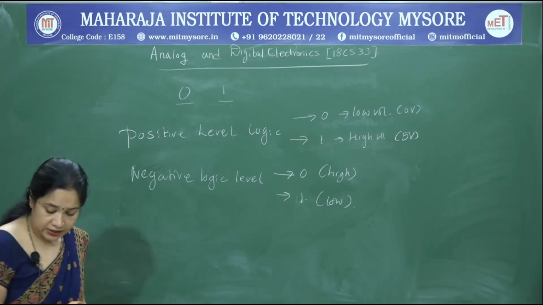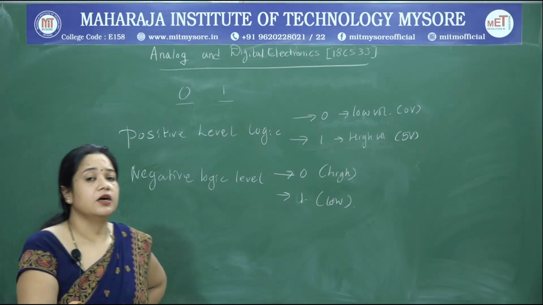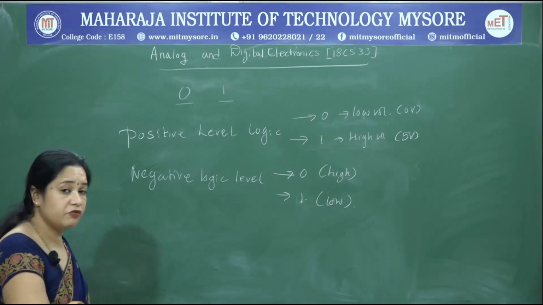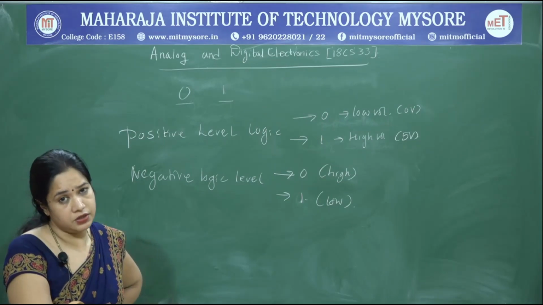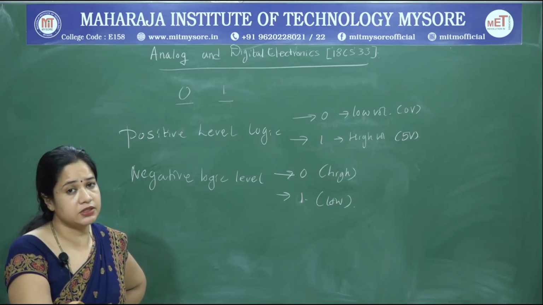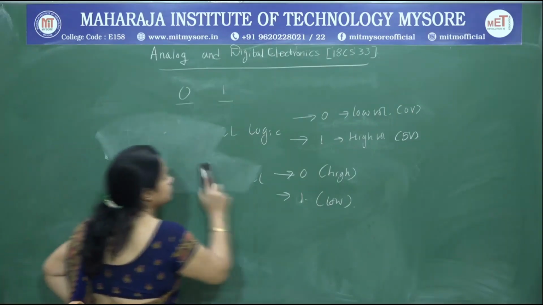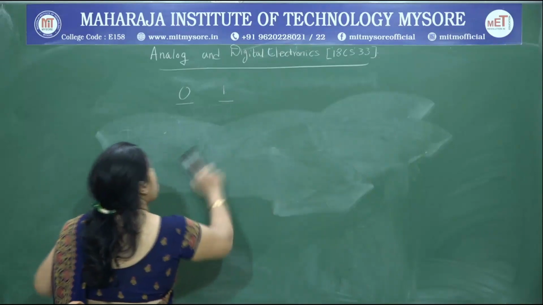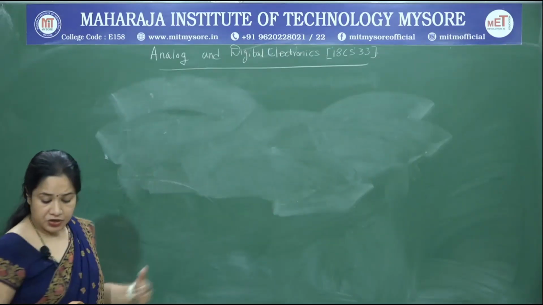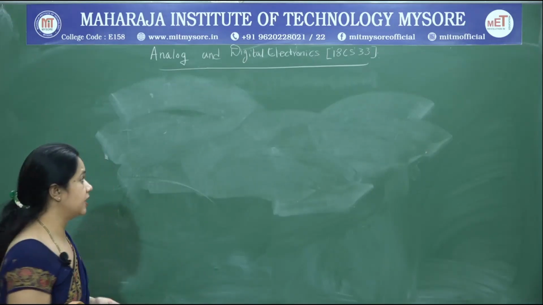Now, we will see other basic concepts which you have already studied in basic electronics, before jumping into simplification of your Boolean expressions using advanced techniques. We will recall a few terms which we have already studied in our basic electronics.